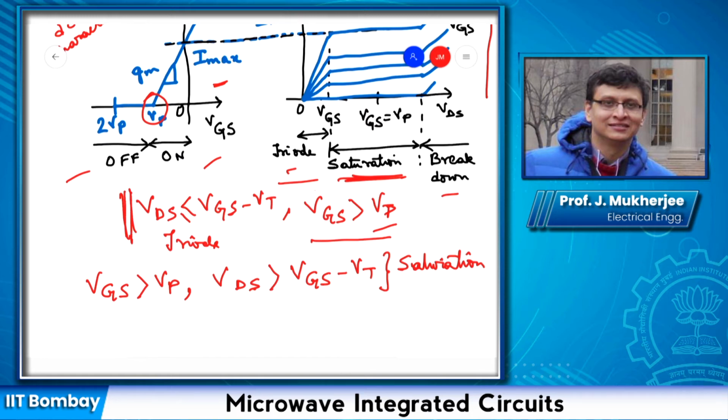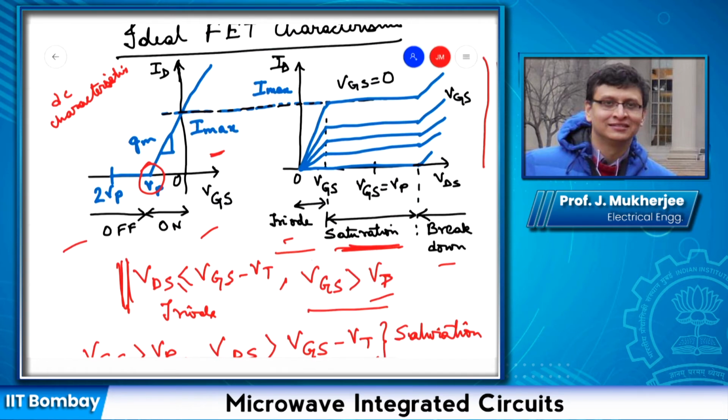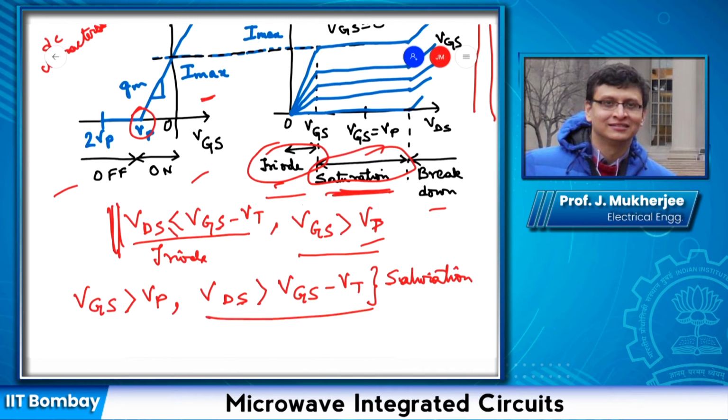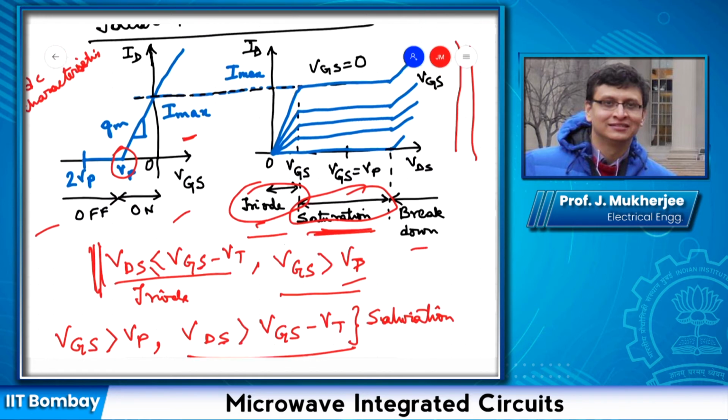In this region, because VDS is low, this condition is satisfied. Whereas in this region, once VDS crosses a certain limit, this condition is satisfied. And as we can see, in the saturation region the current is constant.